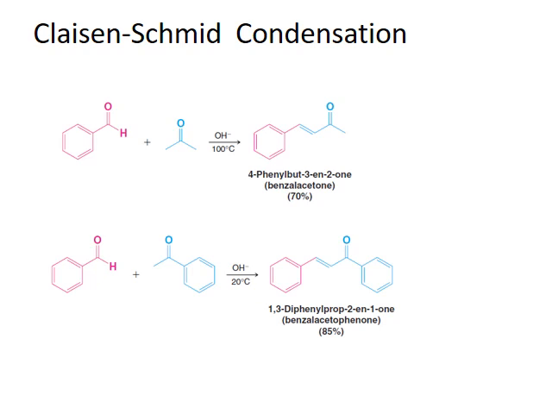We can use a ketone instead of the aldehyde containing alpha hydrogen. Under these classical conditions, the ketone cannot self-condense because the addition step is sterically hindered.